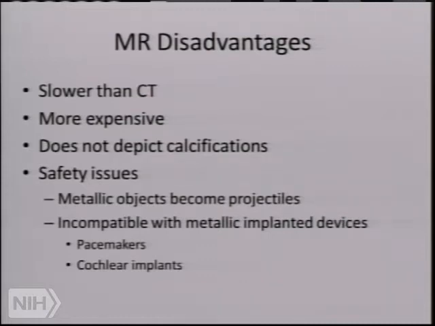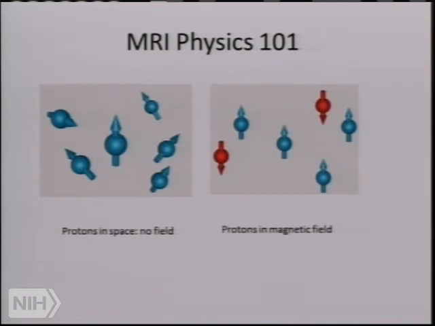So there's a huge safety issue around MRI. And people are very well trained, if they work in the MRI department, to avoid bringing into the environment anything that might be a projectile. There are also a number of devices that are incompatible with MRI, such as pacemakers and cochlear implants.